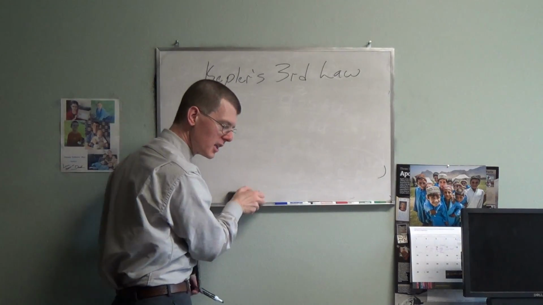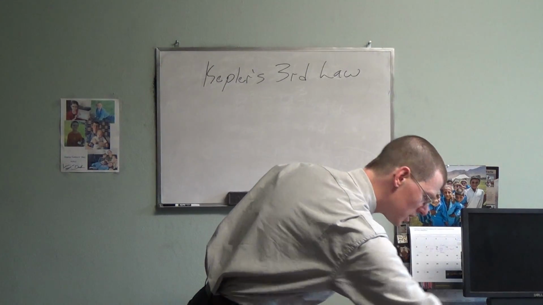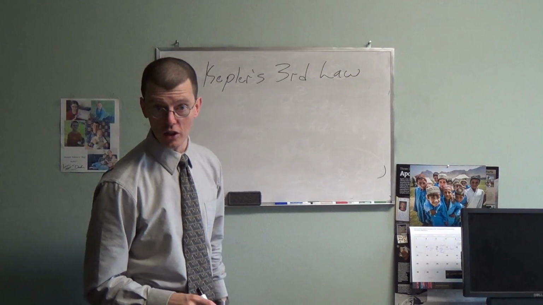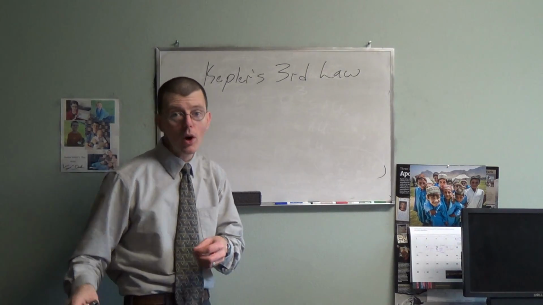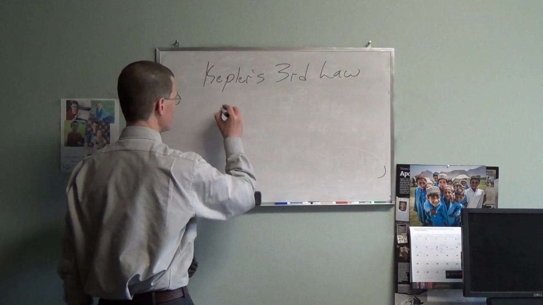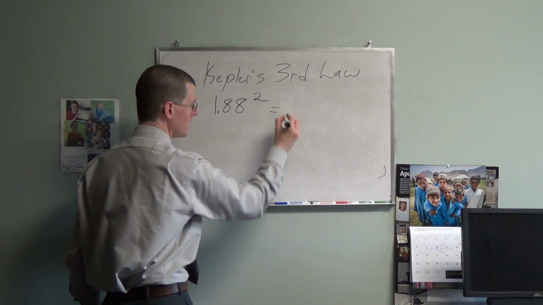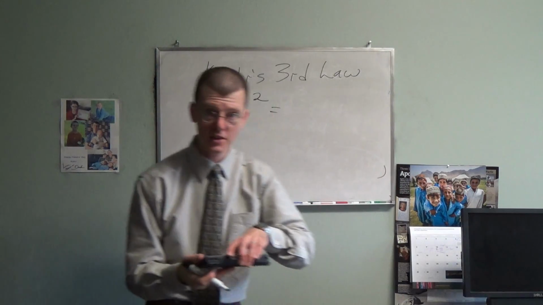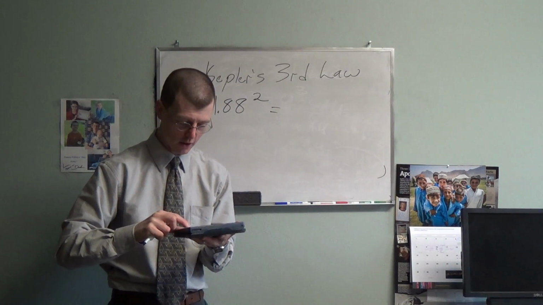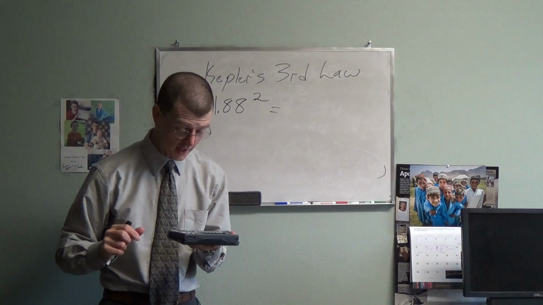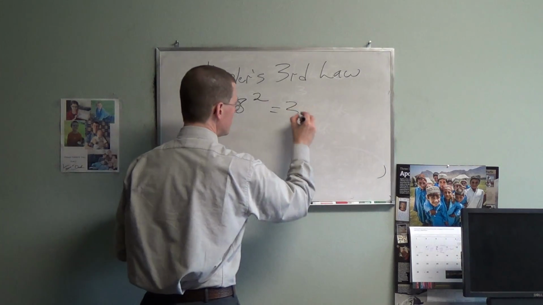All right, so how long does it take Mars to orbit around the sun? If I look this up, it takes Mars 1.88 years to make one orbit around the sun. Every 1.88 years, Mars orbits around the sun. So if I take 1.88 years and I square it, what do I get? I'll grab my trusty calculator here. 1.88 squared is 3.5.